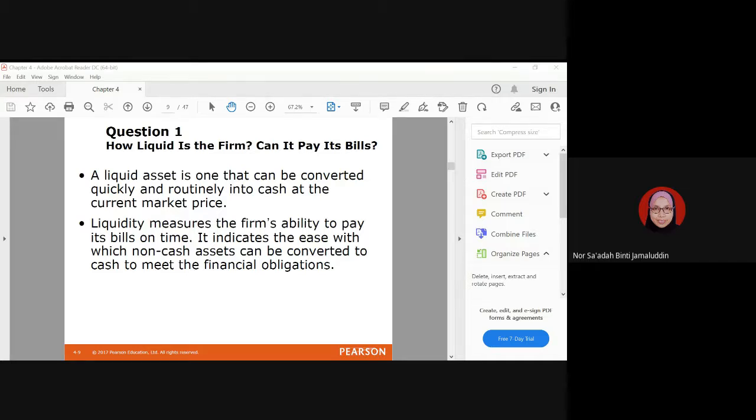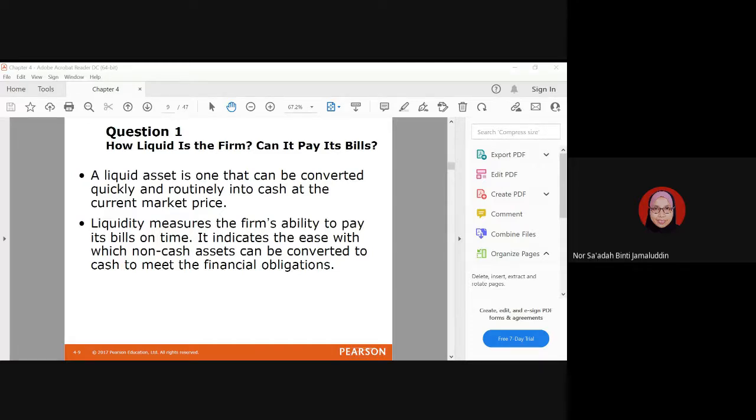Let's say, sebagai contoh, one of the items under the liquid asset is inventory, because let's say we run our business, so inventory is one of the current assets. Inventory is also known as a liquid asset, because inventory is always bought and sold to other people.